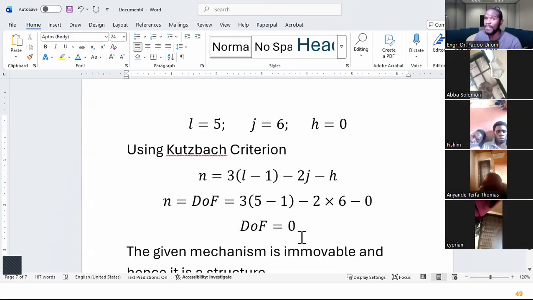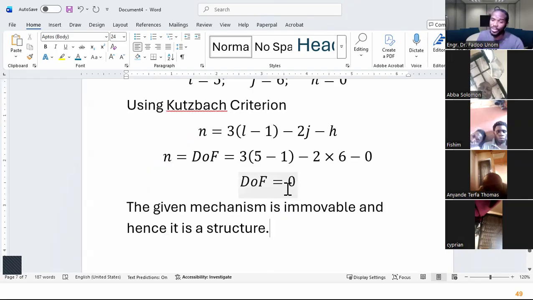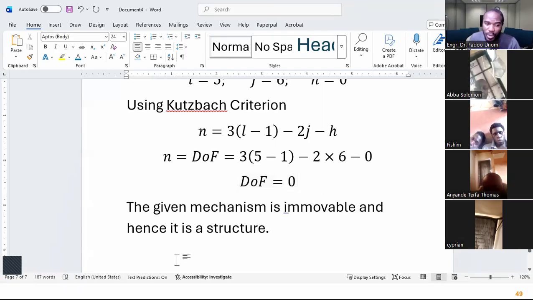Whatever value you have will determine, based on the things we said before: if DOF is 0, the structure is immovable, right? If it's 1, it requires 1 input to produce a constrained motion of the mechanism. If it's 2, it requires 2 inputs to produce a constrained motion of the mechanism. And if it's minus 1 or less, that means it is statically indeterminate. We can't define what is movement or how many inputs it would require.